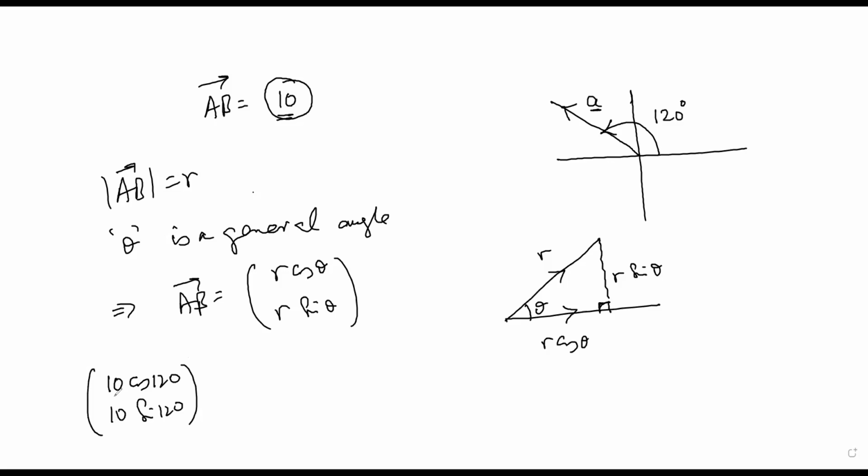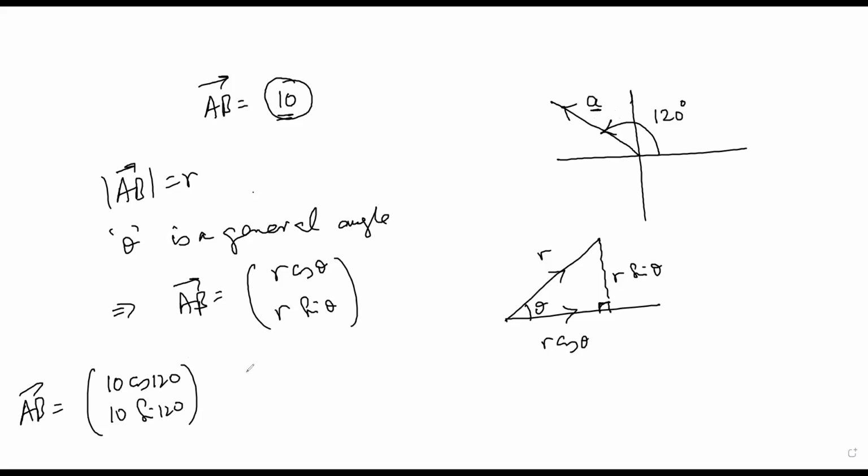Just one minute before you use your calculators, what do you think? What should be the x coordinate of this vector? Should that be positive or negative? Negative. And what about the y component? Would that be positive or negative? Positive.